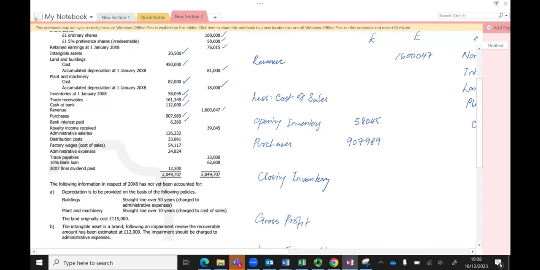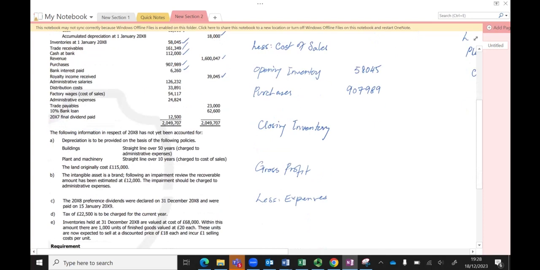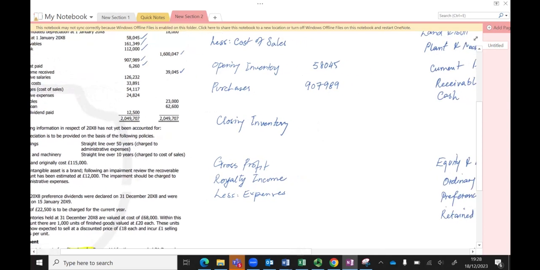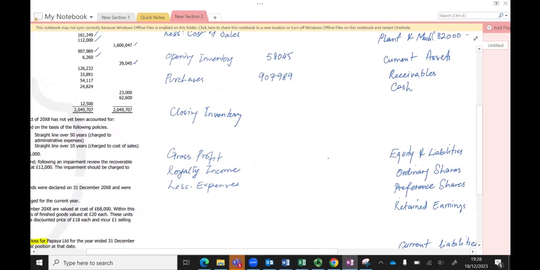Royalty income received. This is an income which we have received, and that should become part of my gross profit because it's an income. So I will be adding the royalty after the gross profit, 39,045.